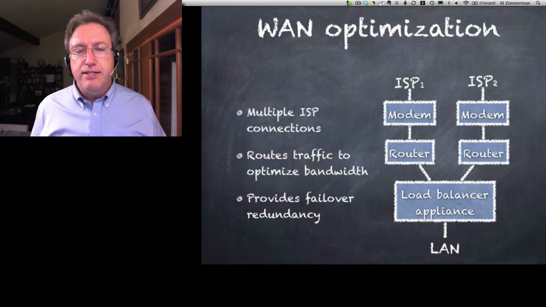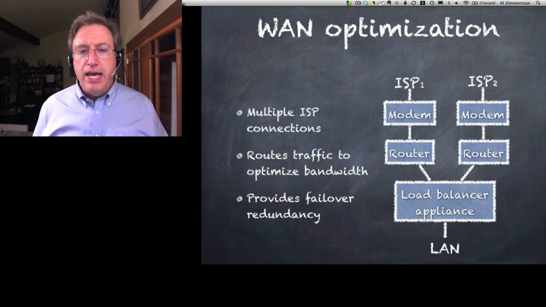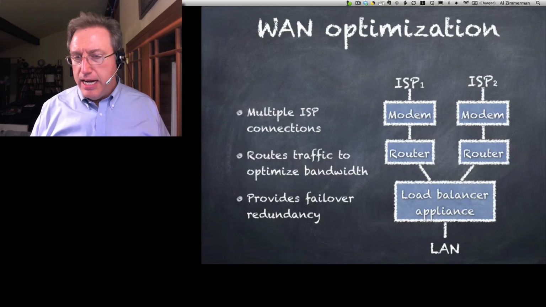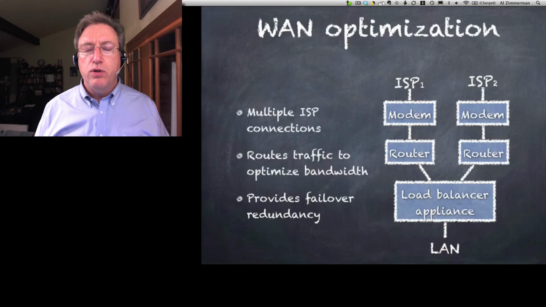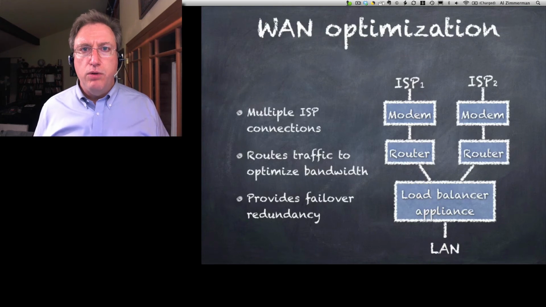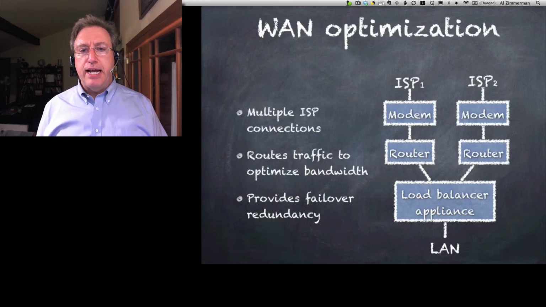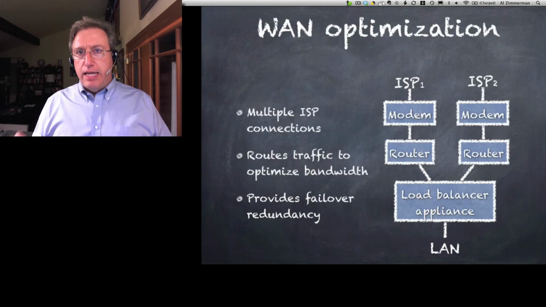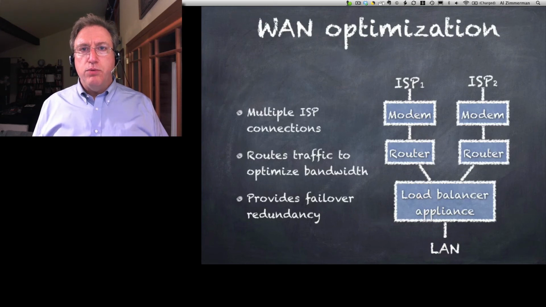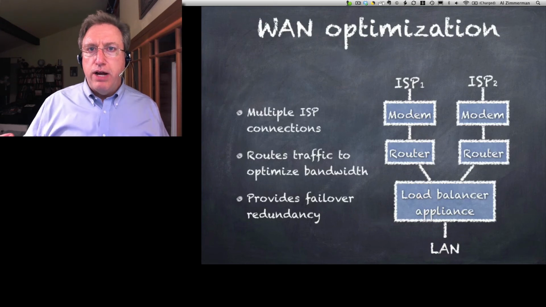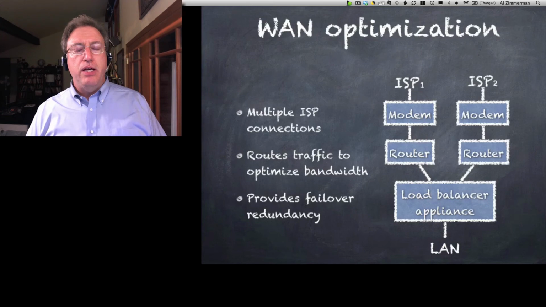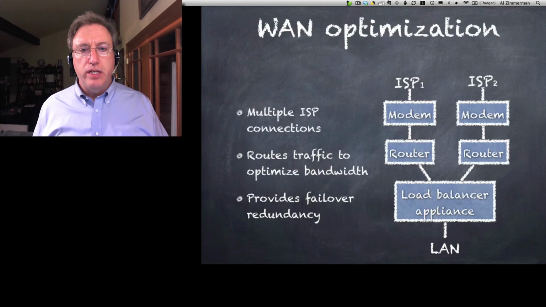These days, none of this stuff is very expensive. The key thing is that for each ISP, you have a modem and a router to connect it to your local area network. The other ISP has the same setup, and then you have the load balancer appliance to connect it up. A lot of times that load balancer appliance will automatically enable traffic to go to one ISP when it was previously going to the other.